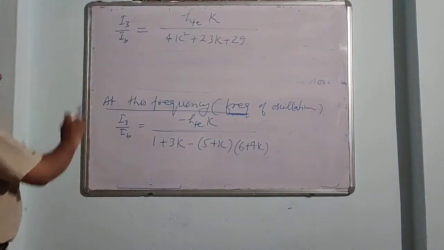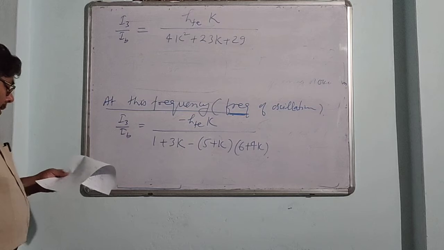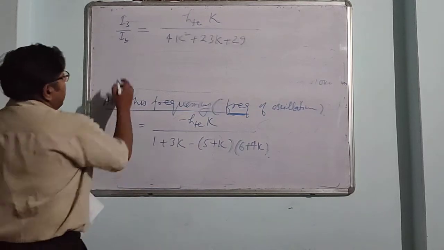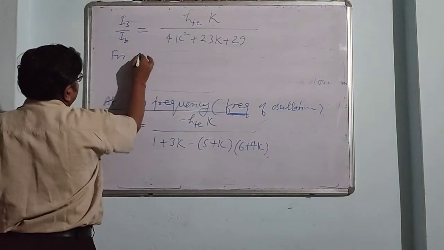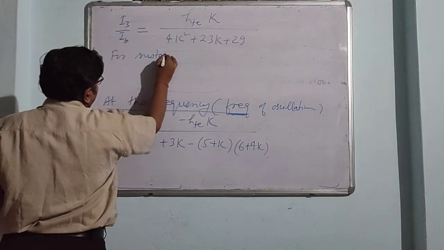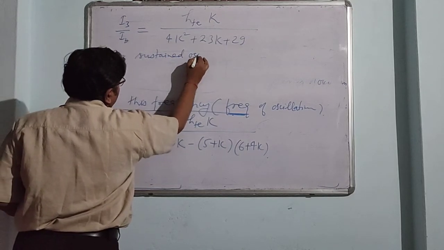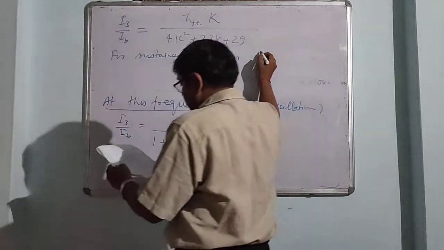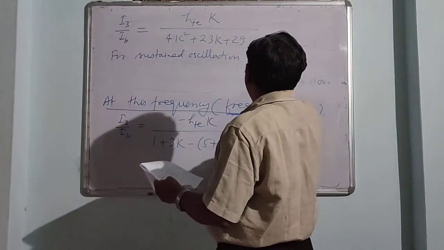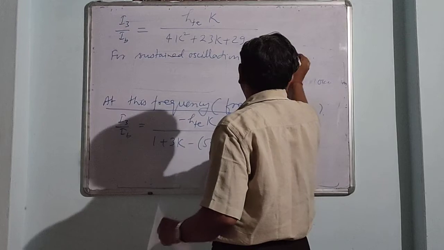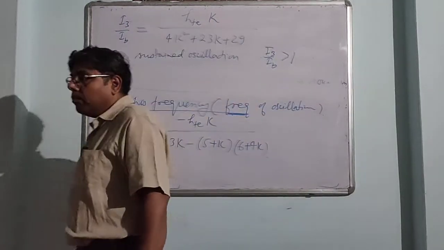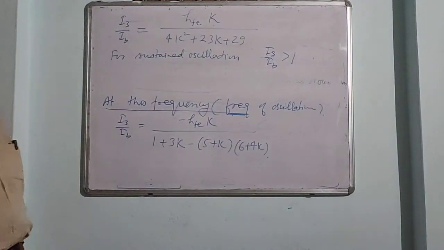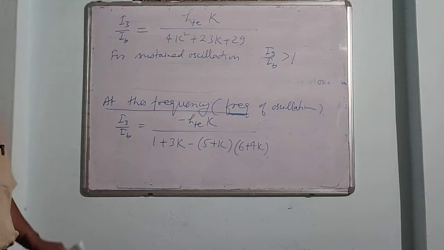You can solve and check this. For sustained oscillation, condition is this: I3 upon IB, this must be greater than 1. This must be greater than 1.